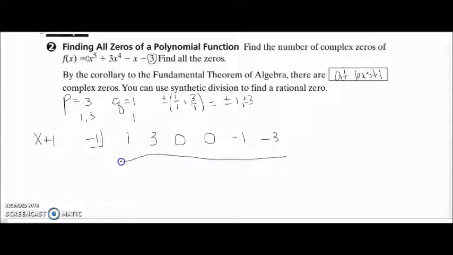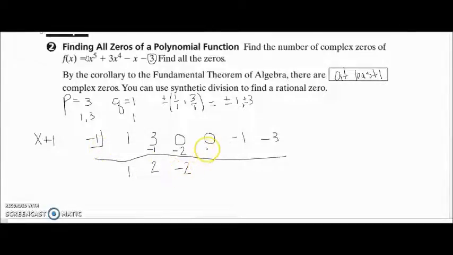So let's use synthetic division. So we bring down the 1. Negative 1 times 1 is negative 1. 3 minus 1 is 2. Negative 1 times 2 is negative 2. 0 plus negative 2 is negative 2.